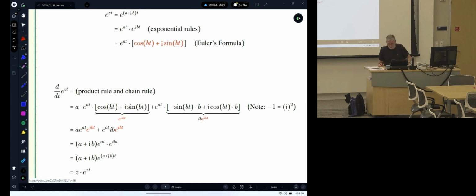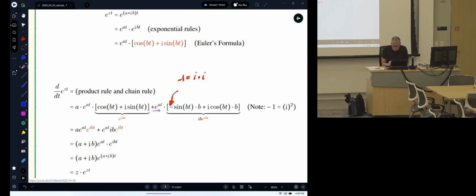And then what we're going to do here is this minus 1, that's the same as i times i. And the reason that's convenient is because I've got an i here, and now I've got an i there, and I can factor it out.